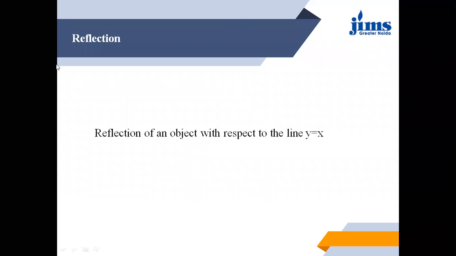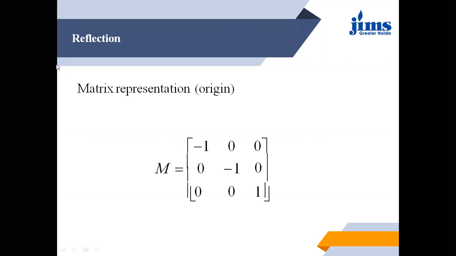Now next, when we have to reflect an object with respect to a line, with respect to the line y equals x. One more thing: this is about the origin. When this is not about the origin, suppose this is with respect to a point P where the value of point P is 3 and 2.